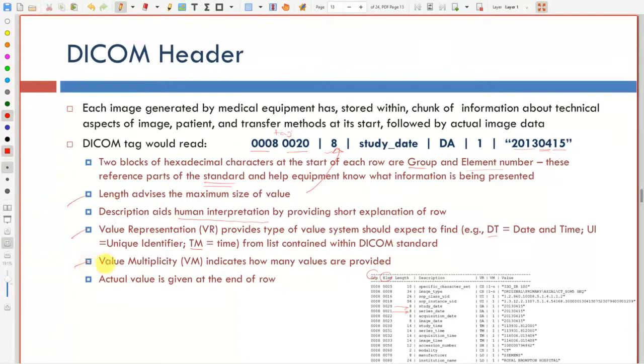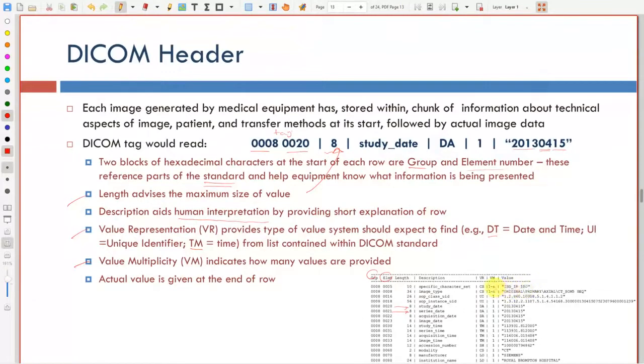Sometimes you have what's called value multiplicity, which indicates how many values are provided. Sometimes you have multiple values for the same one, okay? Basically, for example, the first one here, specific character set, sometimes you have more than one, okay? Meaning that you might have multiple character sets that you can use, okay?